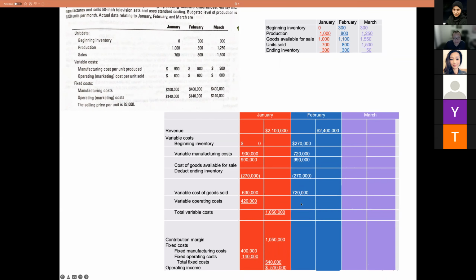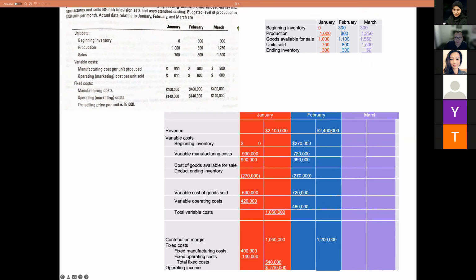For the variable operating cost, I'm using sales, so sales is 800 and per unit is 600. So 800 times 600 is 480,000. My total variable cost is these two together, which is 1.2 million.